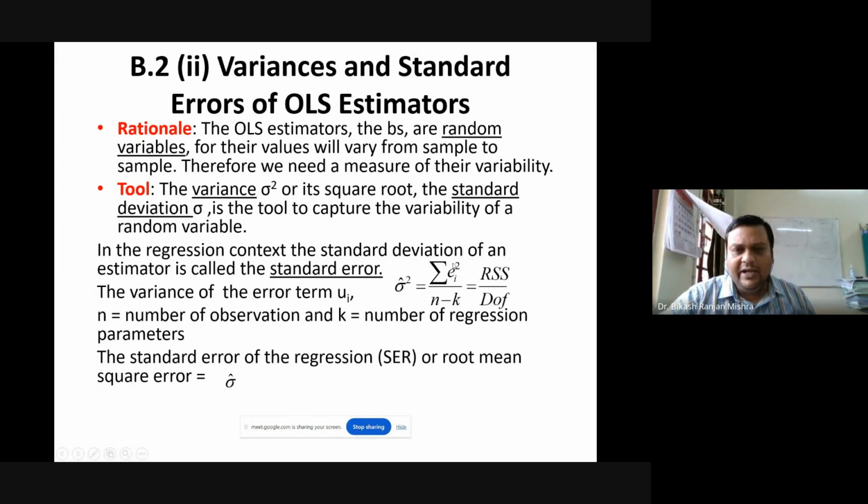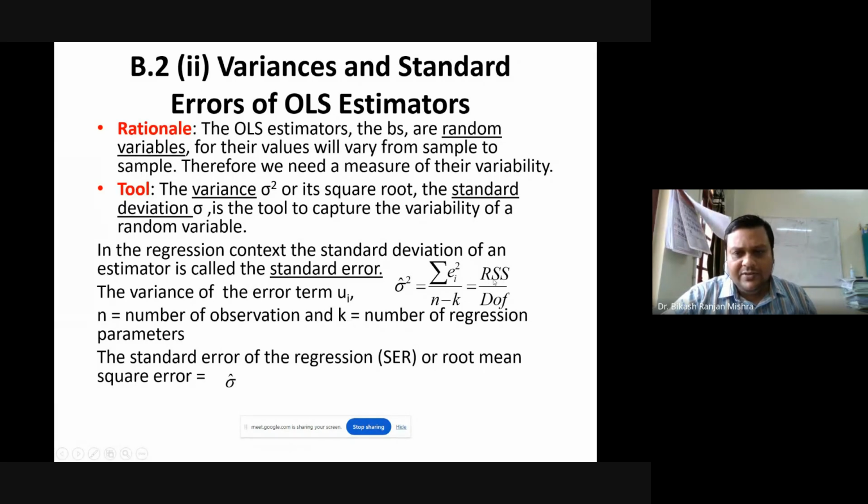If you find the error term, now it is denoted by E. Don't be confused between U and E, because sometimes we write the error term as E and sometimes as U, but unless defined otherwise, consider them the same error term. If you take the series of error terms, square them and sum them, that gives the residual sum of squares.